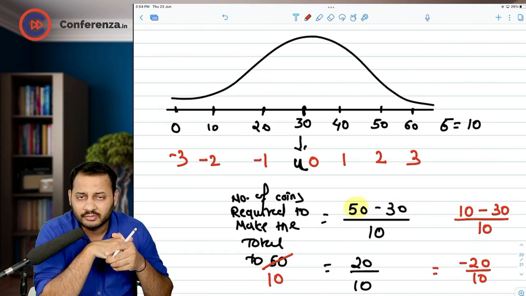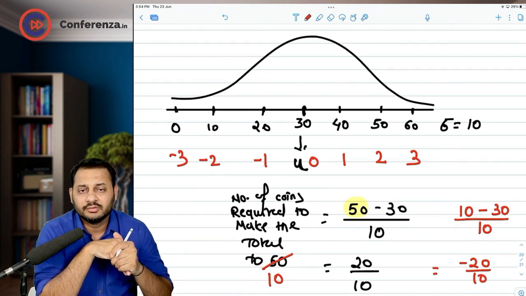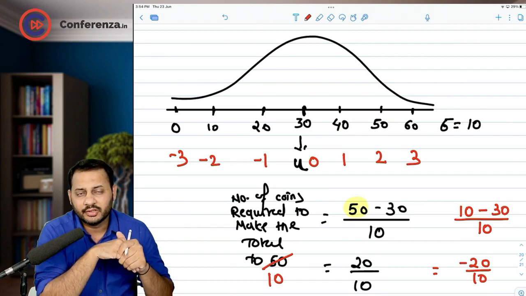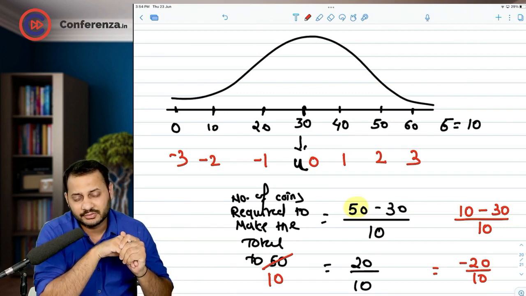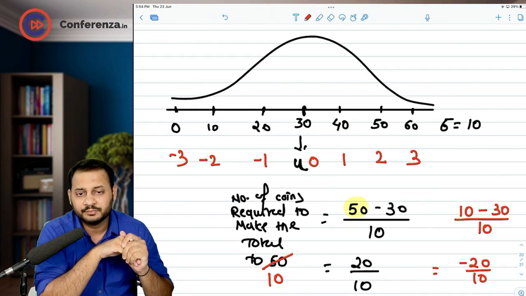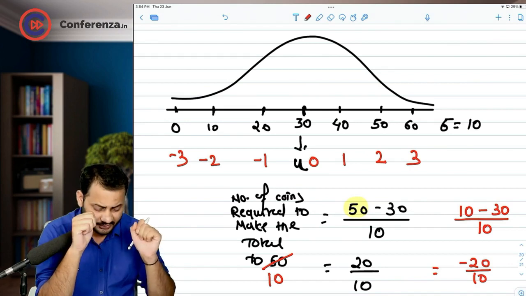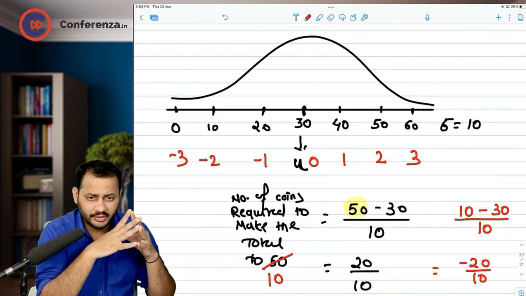It's very simple. Are you getting it? So this is your entire example. Now we are going to solve some questions based on the z-score formula, and then we will get to know how to use that. Okay, let me take up some example.